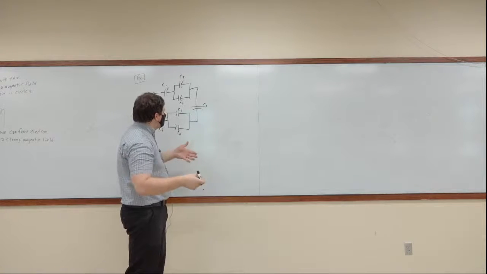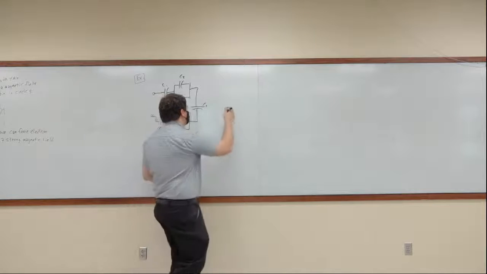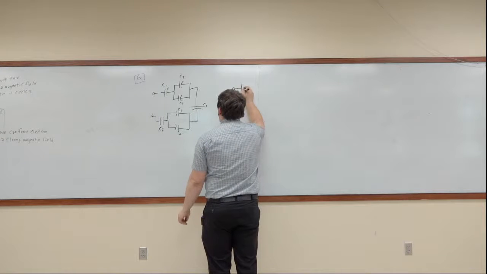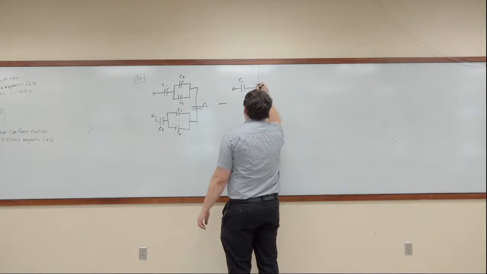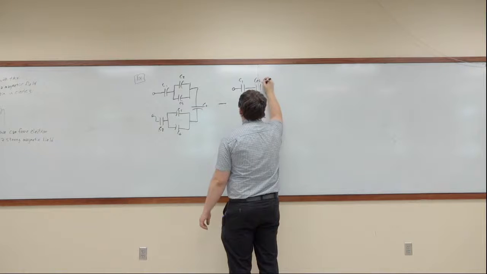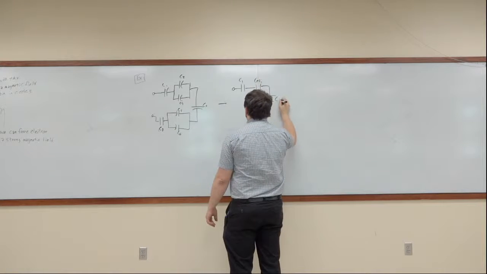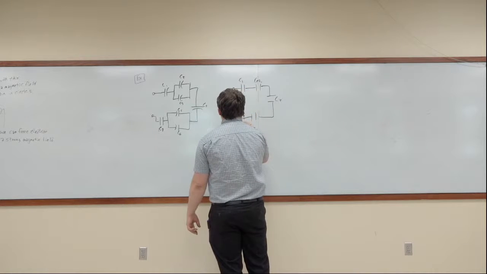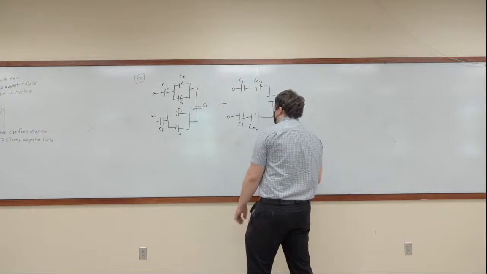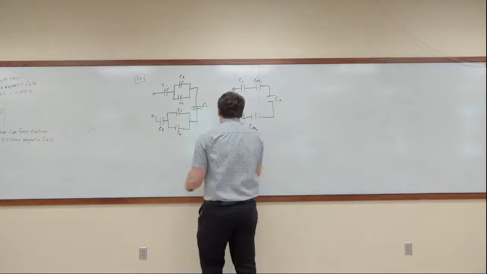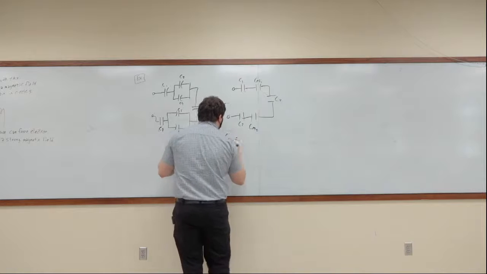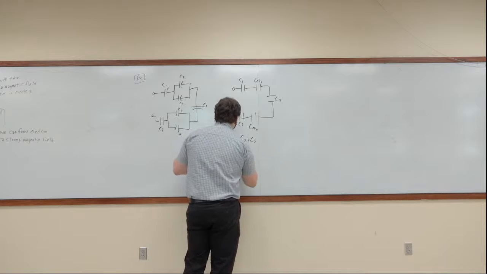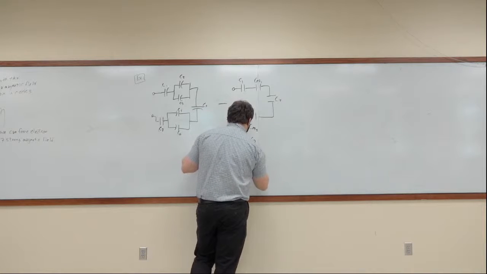All right, so the way that we would combine these is we would say, okay, let's combine the ones that are in parallel first. So we have C1, we'll call this CEQ1, C4, and then we'll call this CEQ2, and then C7. Okay, and here, because we're combining them in parallel, CEQ1 is equal to C2 plus C3, and CEQ2 is equal to C5 plus C6.